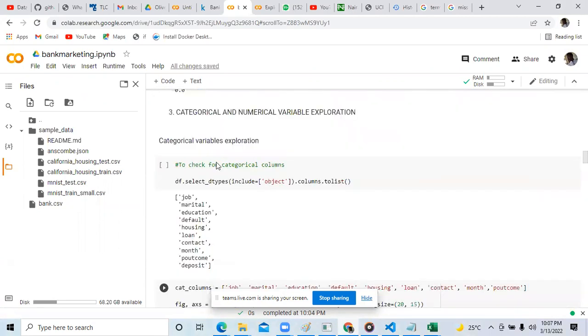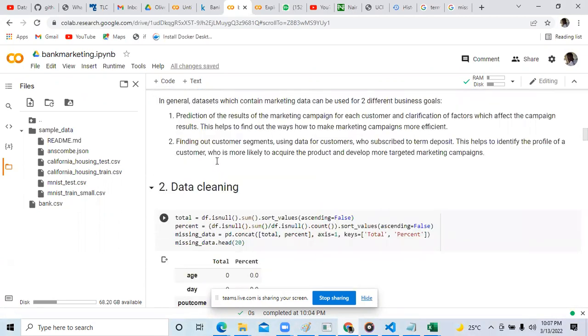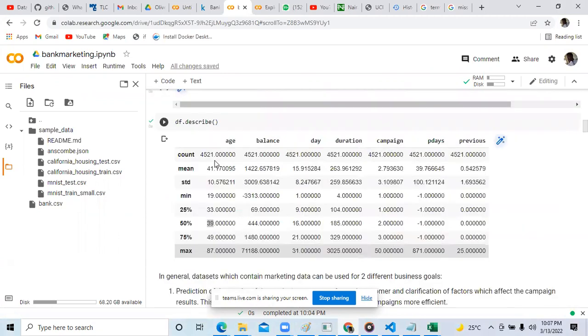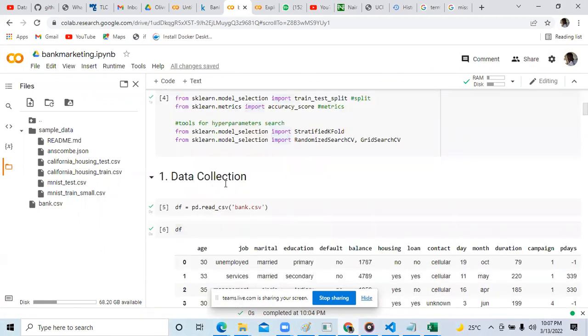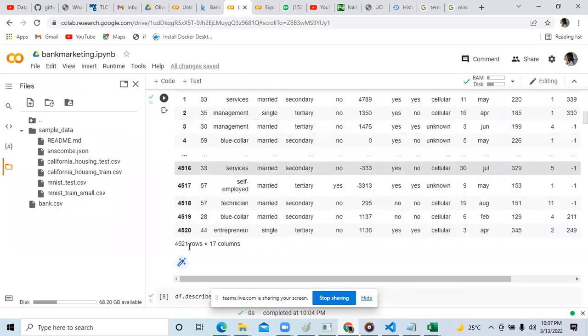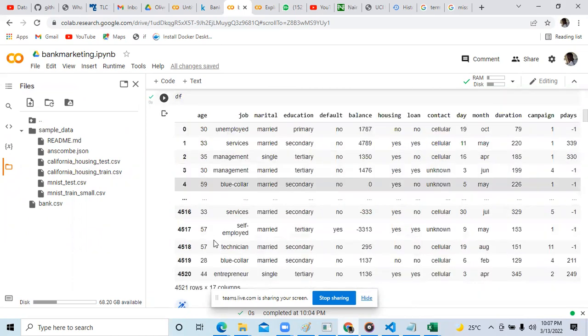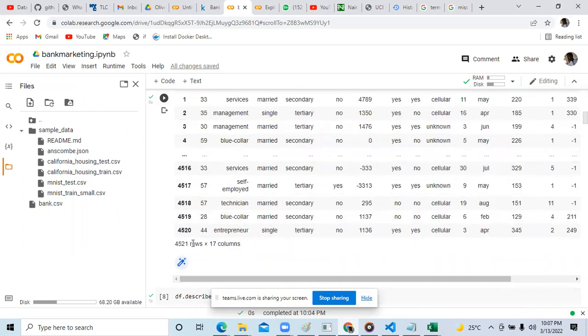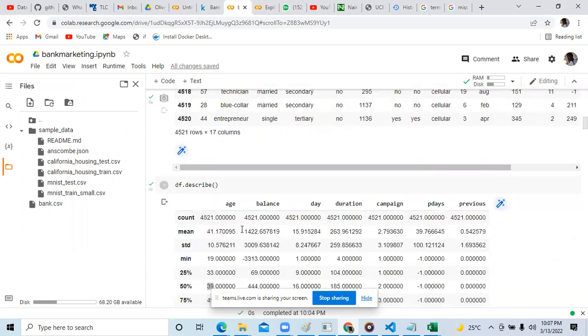If you scroll up, you remember when we did df? What did df tell us? Wait, something is wrong. df told us that there are 4,521 rows, right?